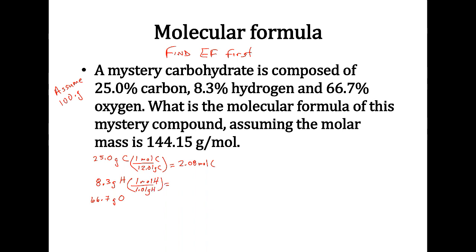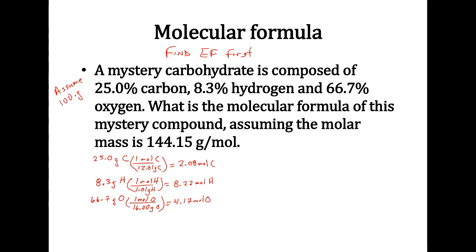This will give you 8.22 moles of hydrogen. And then for oxygen, you will need to go through and divide by its atomic weight, which is 16. That will give you 4.17 moles of oxygen. Okay, so again, that takes care of percent to mass and mass to moles.